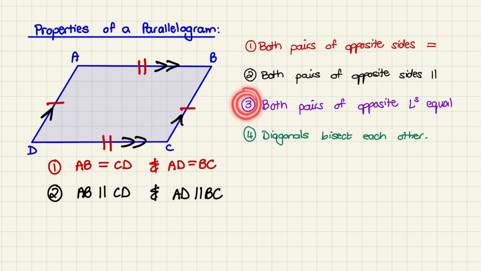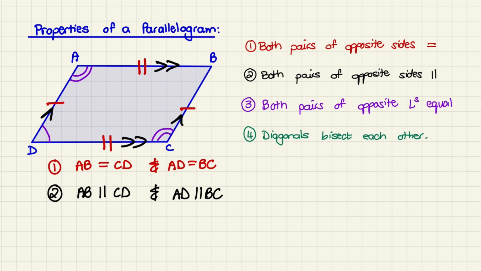Our third property is that both pairs of opposite angles are equal. So this is referring to interior angles, and they're saying that those sets are paired together. So angle A would be equal to angle C in size, and angle B would be equal to angle D in size. How we indicate that is I'm going to do 2 curves for angle A and 2 curves for angle C, showing that those 2 are equal.